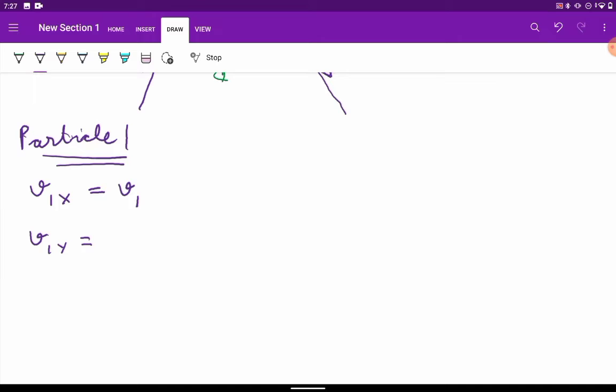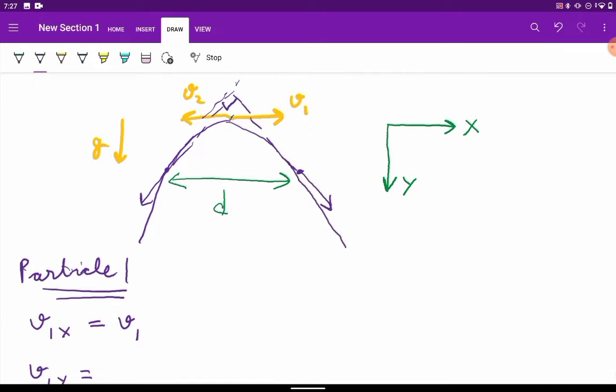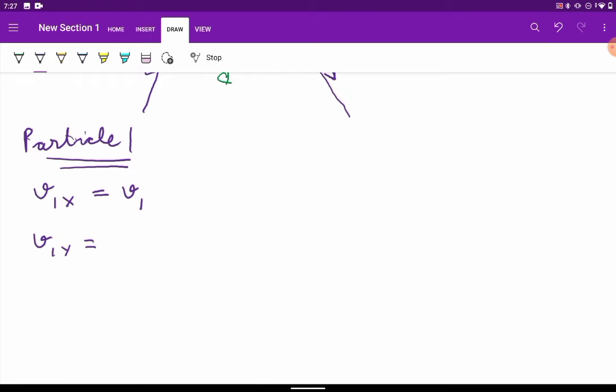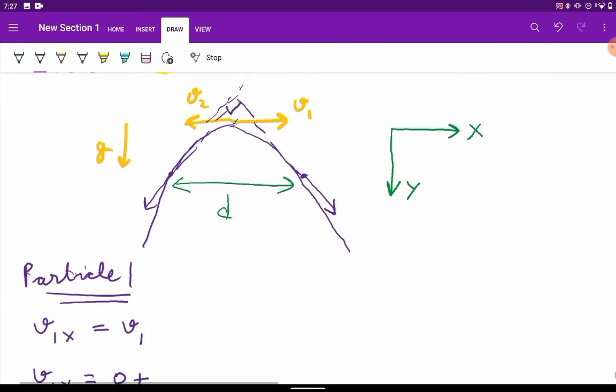is equal to, so the initial velocity in the vertical direction is 0 because it only has a horizontal velocity. So v equals u plus at, where u is 0 and a is g, positive in the downward direction.